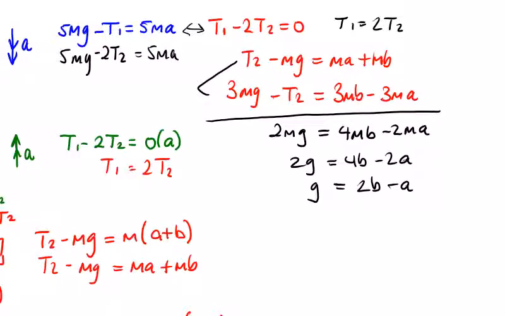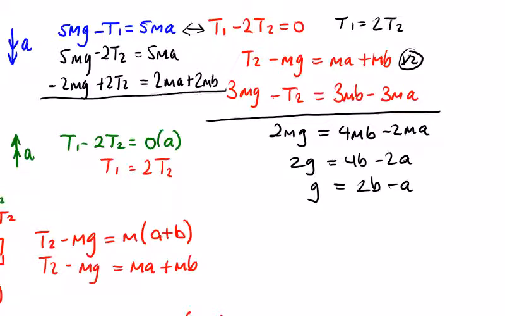So I need an equation with plus 2T2. So if I multiply this one by 2, I'm going to get plus 2T2 minus 2mg is equal to 2ma plus 2mb.